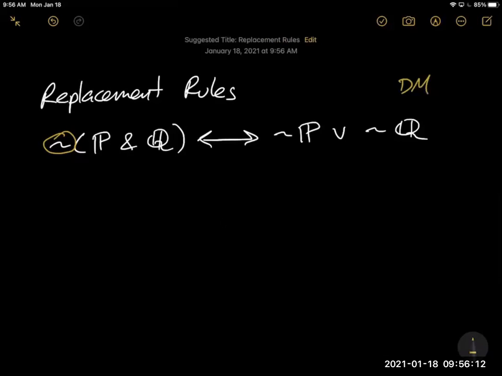So De Morgan's is going from left to right. It's essentially moving from a negated conjunction. So you can see the main operator here is the tilde. So ultimately, this whole statement is a negation. But the second biggest operator is the ampersand. So this is a negated conjunction.